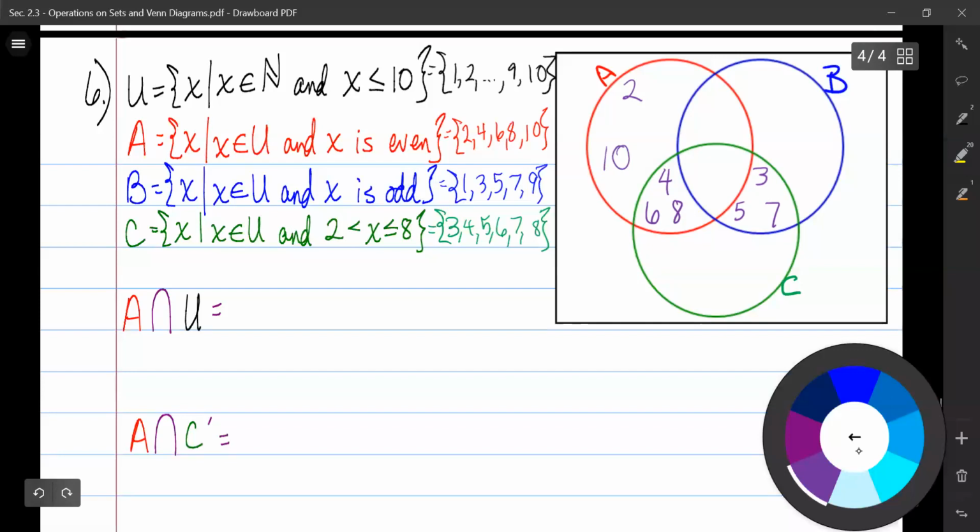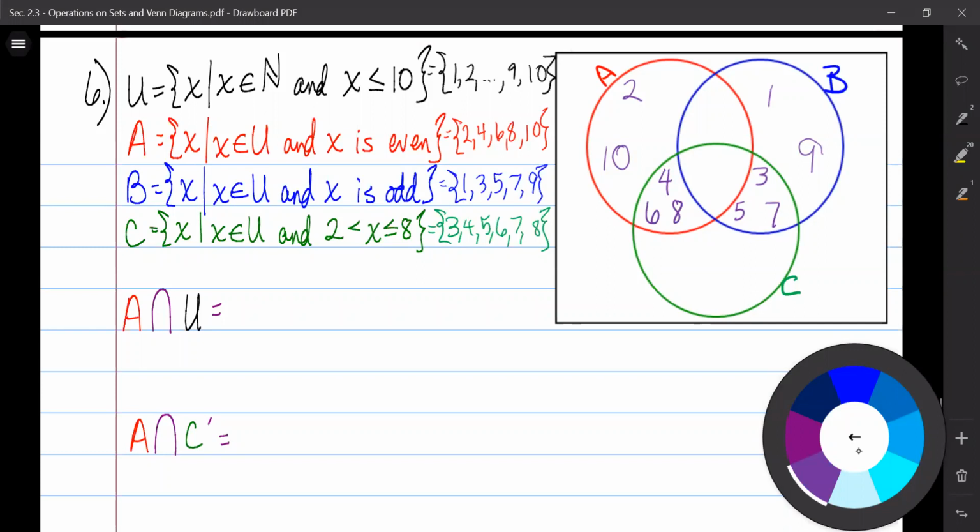And from B, 1 and 9. And that's it. So that's all the elements. We've got 1, 2, 3, 4, 5, 6, 7, 8, 9, 10. We got them all in there. So that's our diagram.